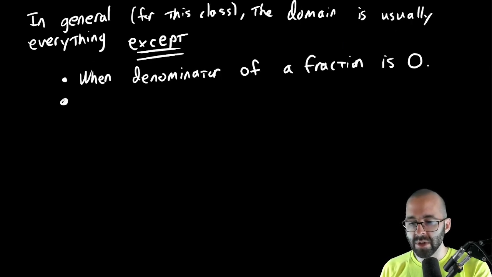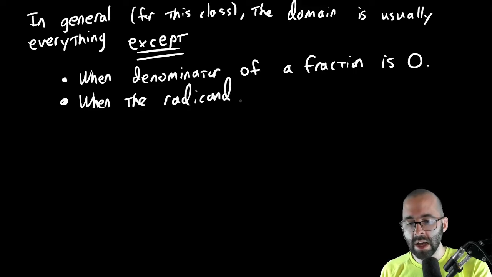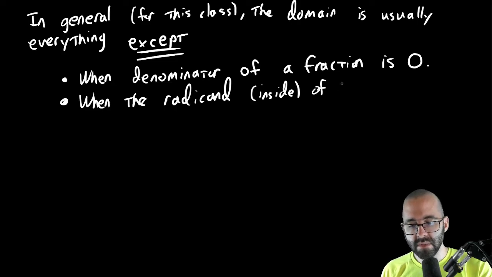The other thing that we're going to really have to watch out for in this class is when the radicand, and radicand just means inside of a square root, is negative, because that's not going to be real. And let's make a side note, the index is even.